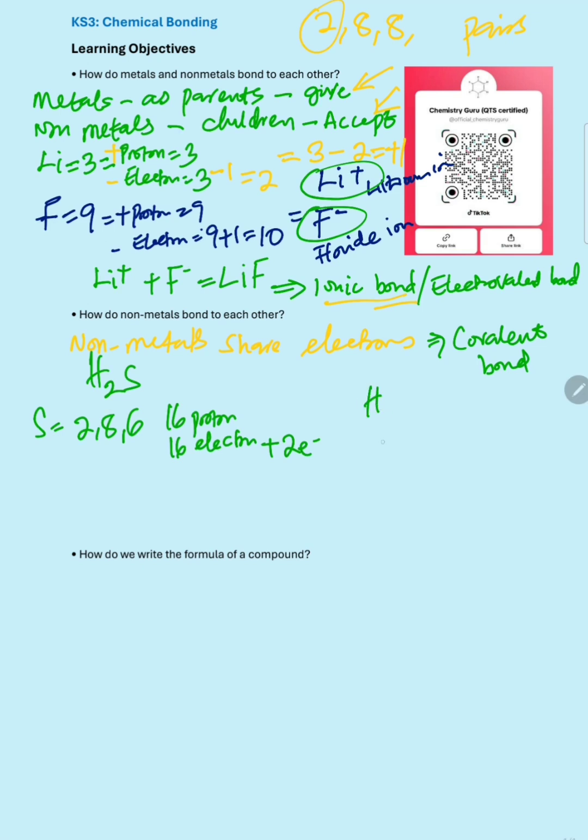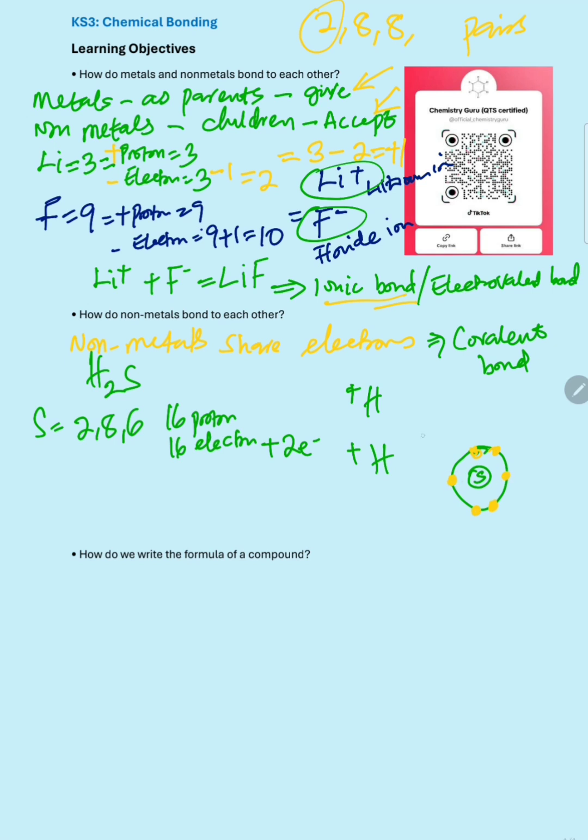So then we have hydrogen and we have hydrogen. At this point, hydrogen is acting as a non-metal, because hydrogen has just 1 electron, and hydrogen is going to share its electron with sulfur. So we can have something like this, sulfur, and let me change that 6 to 4, and then it has this, right?